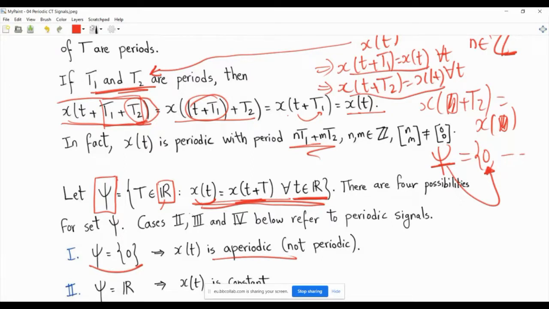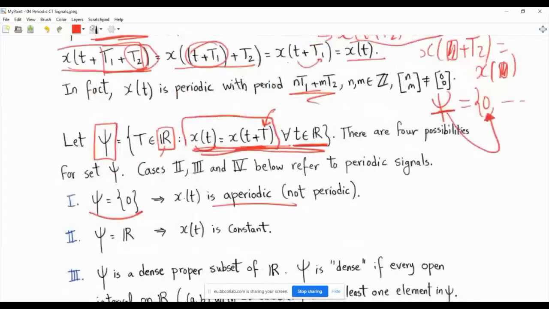It may happen that psi is R, the set of real numbers, which means that for every real number, this is true. This happens for constant continuous time signals, right?